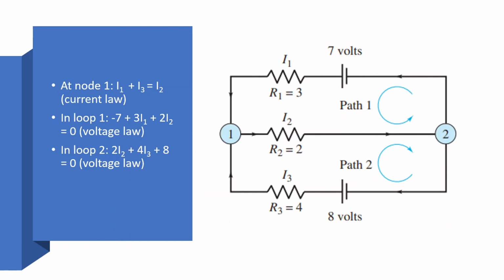And in loop 1, as you can see, minus 7, which is the voltage source, plus 3 times I1 plus 2 times I2 is equal to 0. You see the voltage law in loop 2: 2 times I2 plus 4 times I3 plus 8 is equal to 0.